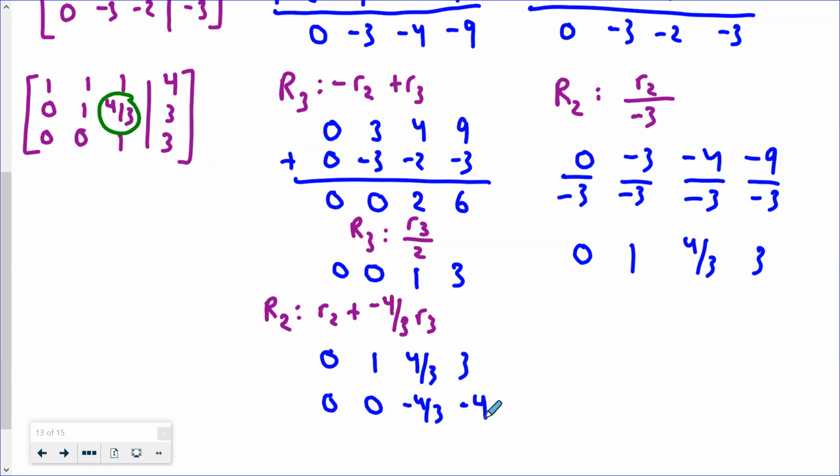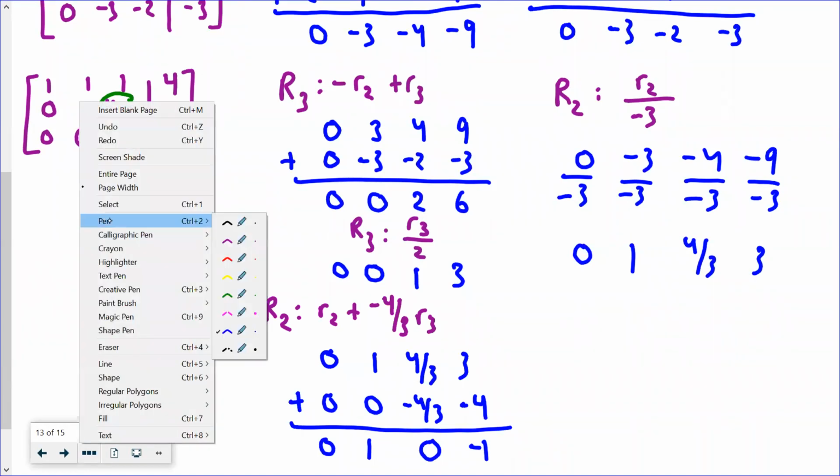The 3's cancel, so it's just -4. Okay, so I'm going to add these together. And I'm going to get 0, 1, 0, -1. Awesome, awesome, awesome. So what that tells me is that the second row is going to look like that. So I got rid of that -4/3.